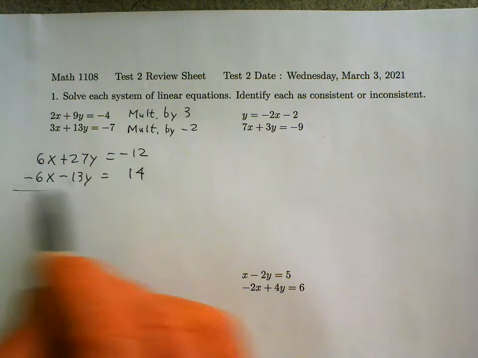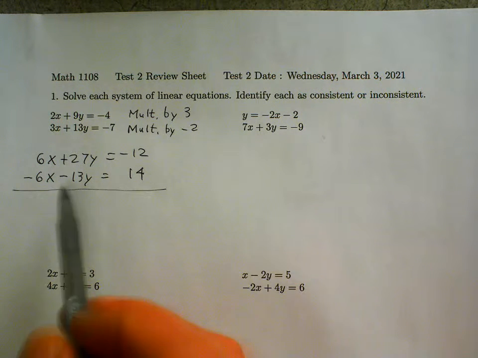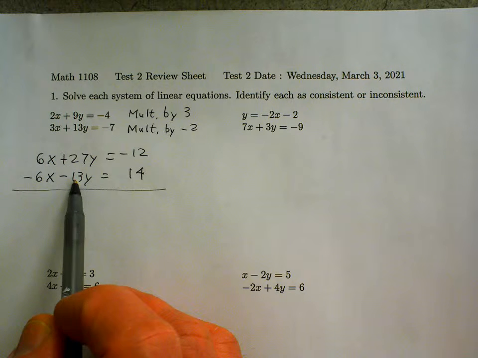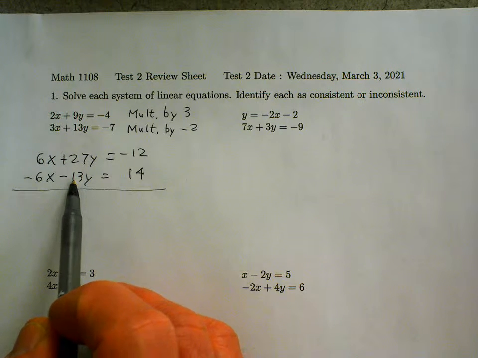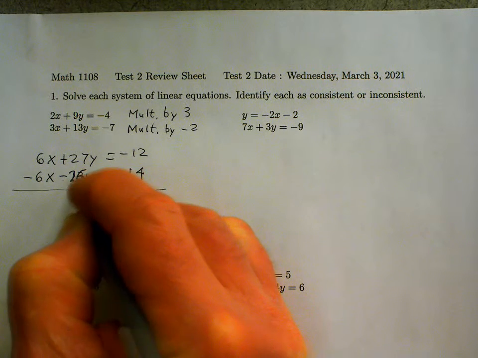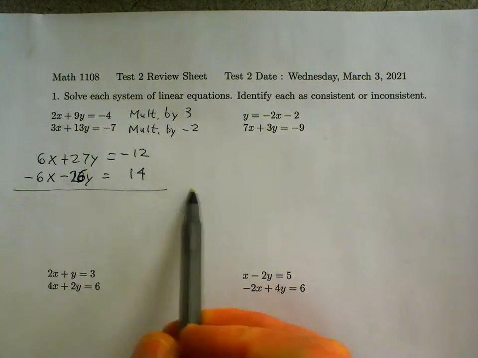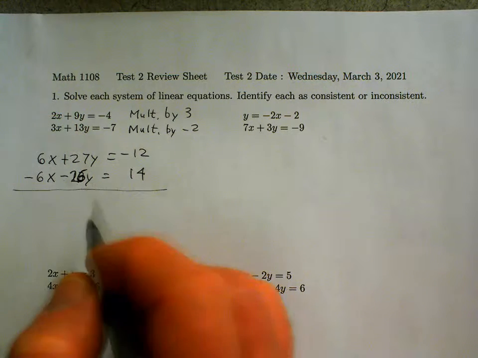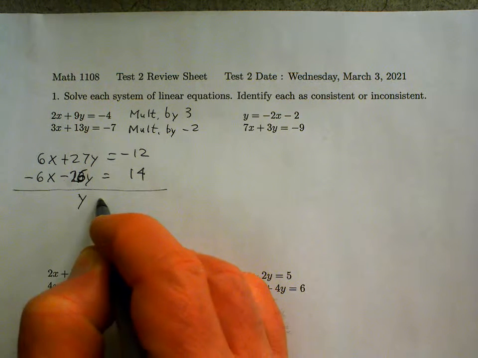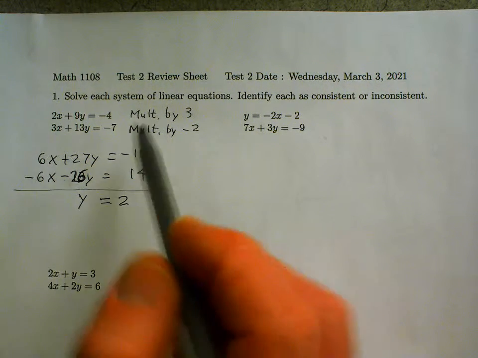And when we add these equations, we can get an elimination. Let's see. My middle coefficient is not correct. It should be minus 26. Okay, now when we add these together, the variable x is eliminated, and I get y equals 2. And then to find the x coordinate, I can use any one of the equations.